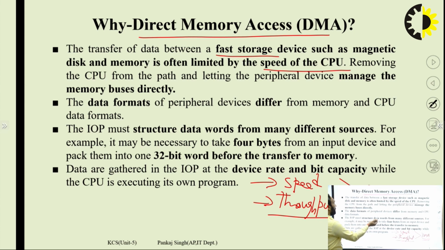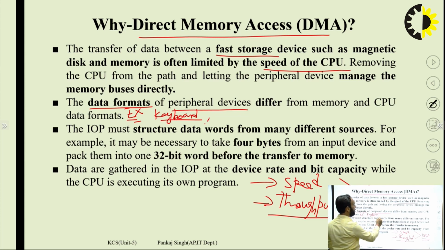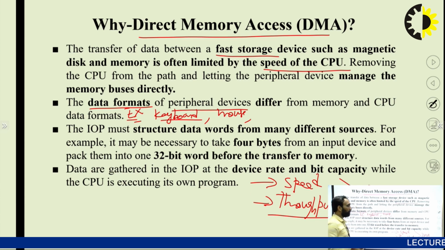The second point: we have different data formats, meaning the peripheral devices connected to the machine have different formats. For example, a keyboard has a different input format, likewise a mouse has a different input format.